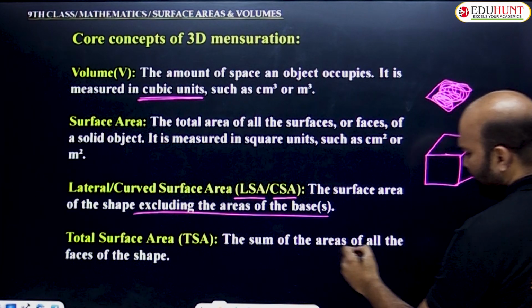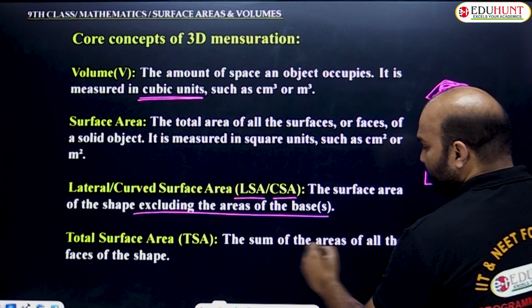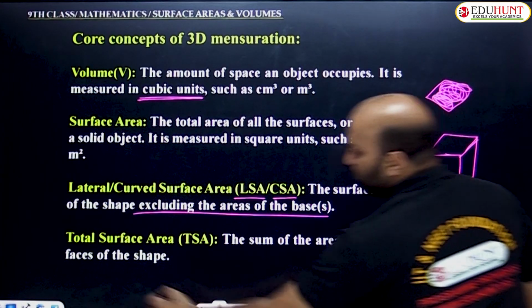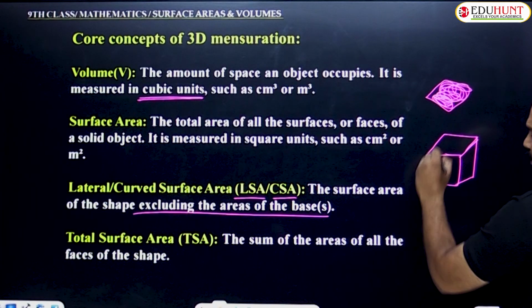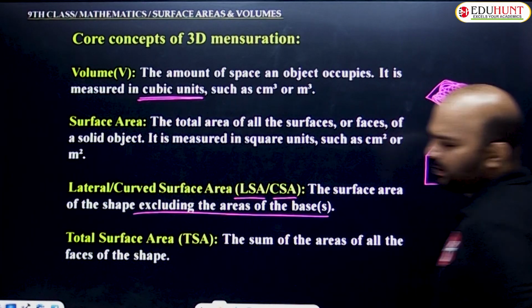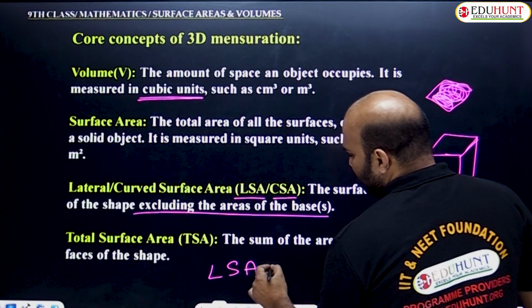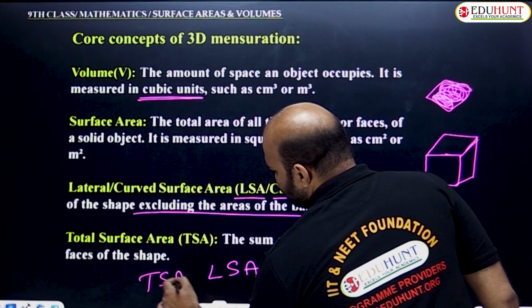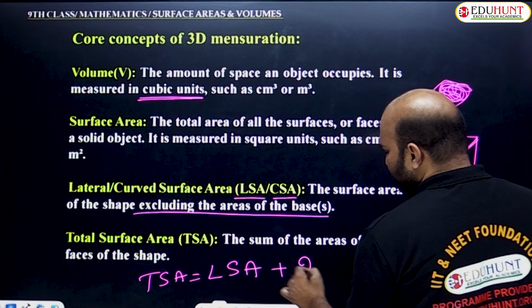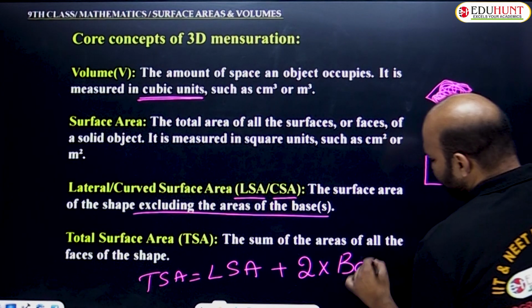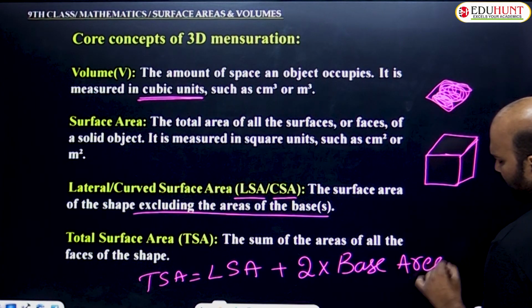The sum of the areas of all faces, nothing but all 6 faces' area, is called total surface area. It is also written as: total surface area equals lateral surface area plus 2 into base area. Am I clear?